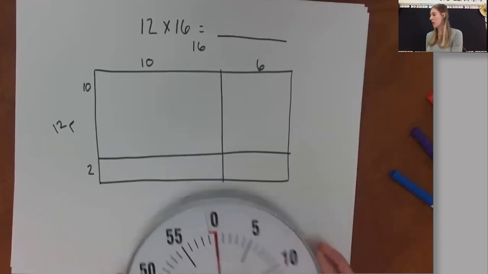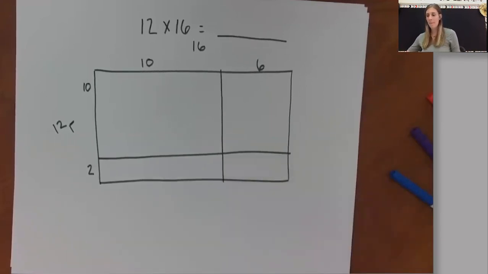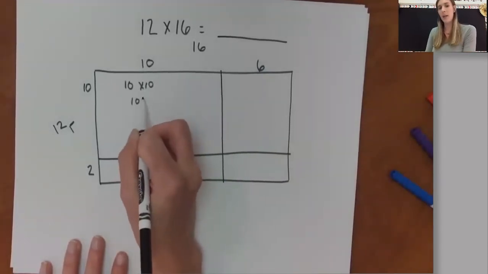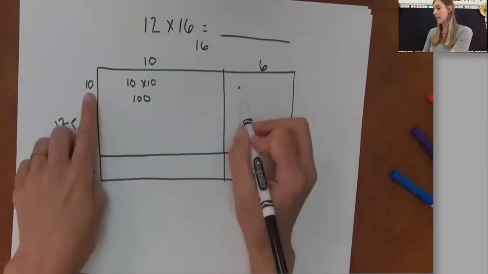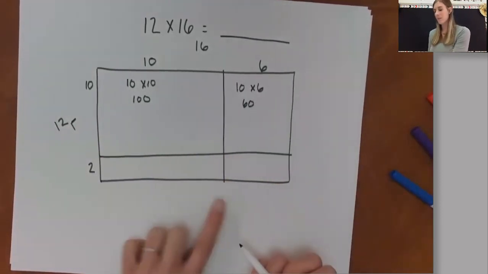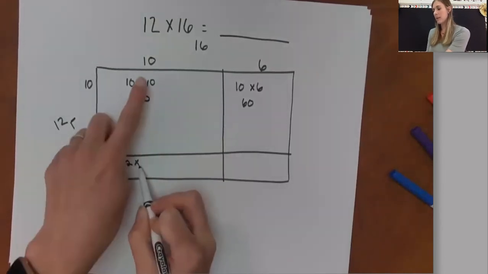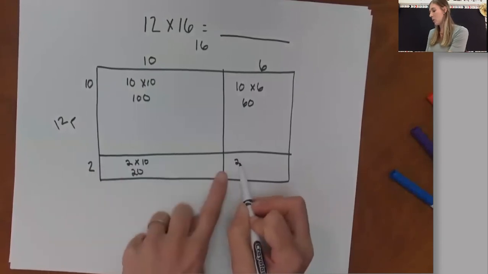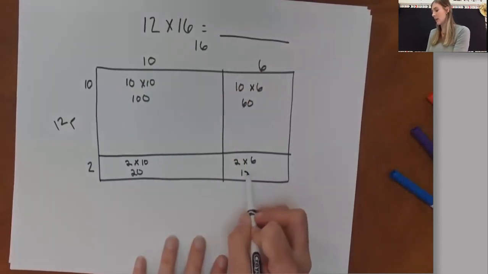Okay, great job. Let's check our work. We know that 10 times 10 is 100. 10 times 6 is 60. 2 times 10 is 20. And 2 times 6 is 12.